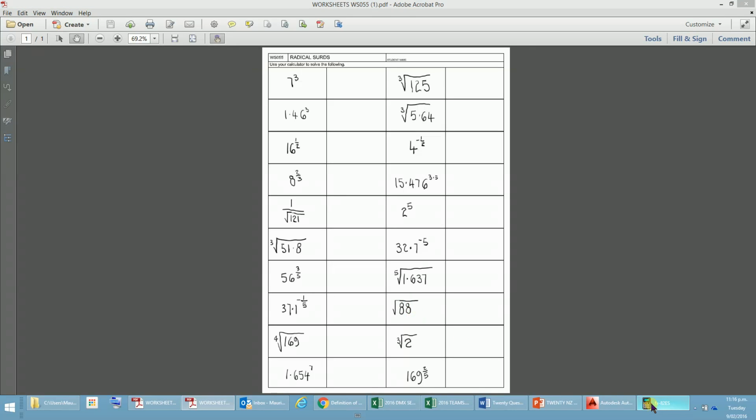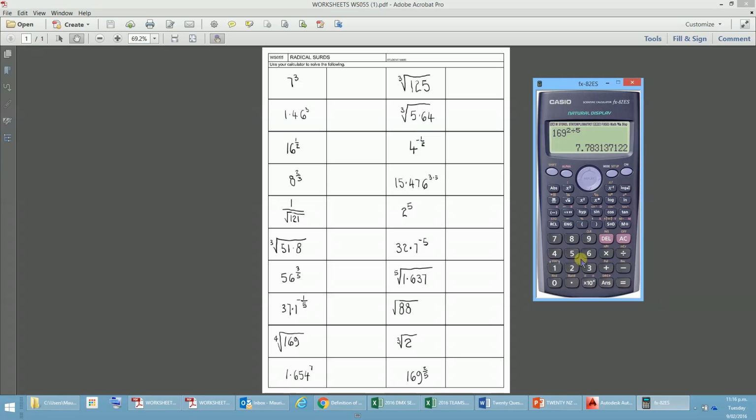This one here, square root of 88, we can just push the square root button, 88 equals, and that's given it as a sort of a surd there, and we can then push that button there, 9.3808315. If we wanted to, we could do the square root of 88 using the power button here.